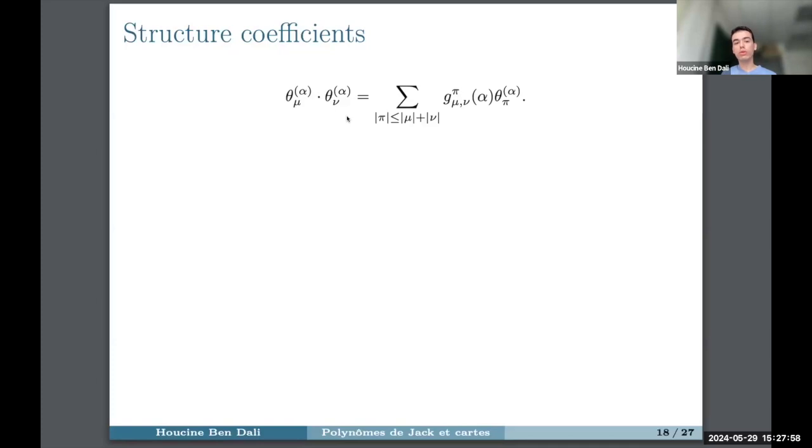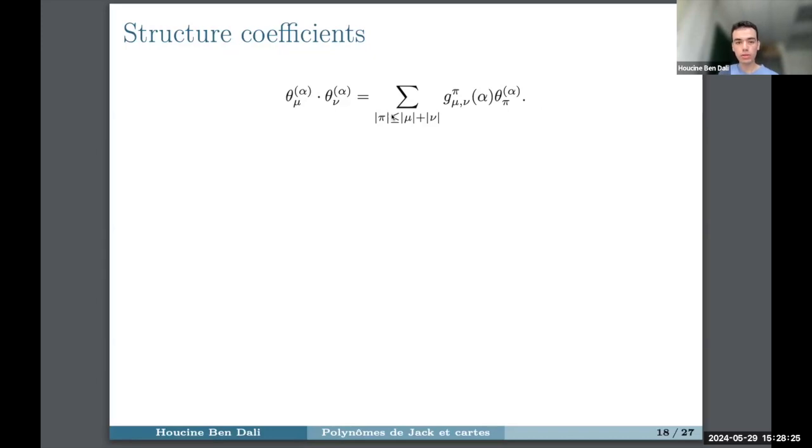We know that the product of the two of them is still a shifted symmetric function. So it makes sense to expand it on a basis of the shifted symmetric functions, which is the same basis of Jack characters. And the coefficients which appear, we call them the structure coefficients. And they are indexed by three partitions, pi, mu, and nu, with some condition on the sizes.